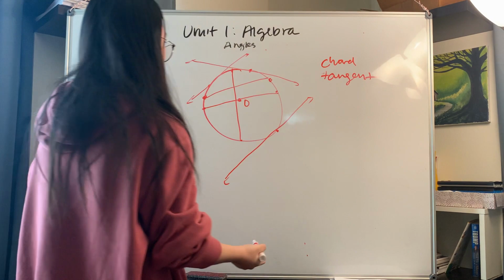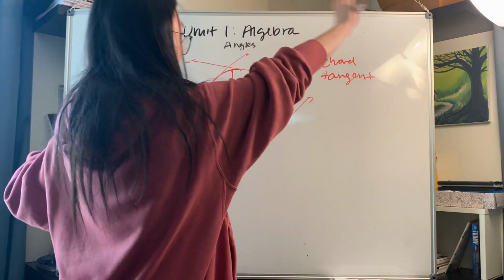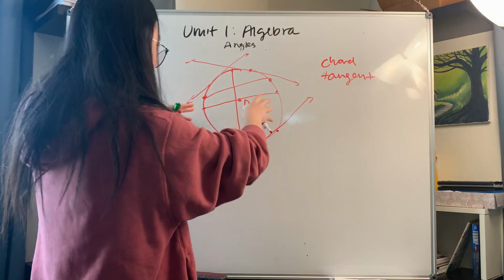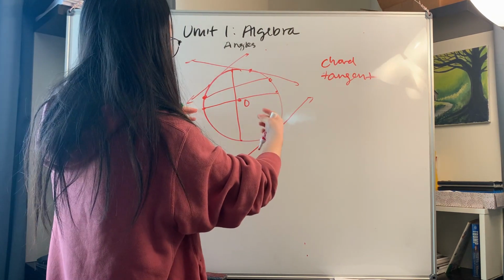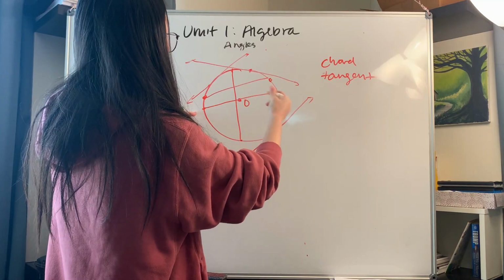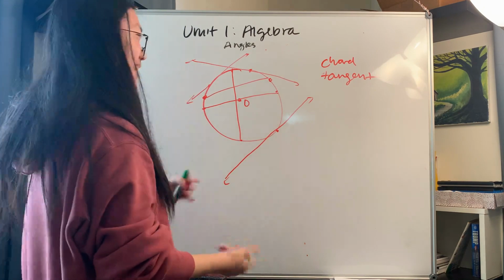And then secants are lines that go through 2 points and cross outside of the circle. So a chord, they're just 2 points. Well, I suppose they're not really lines, chords are more like line segments.